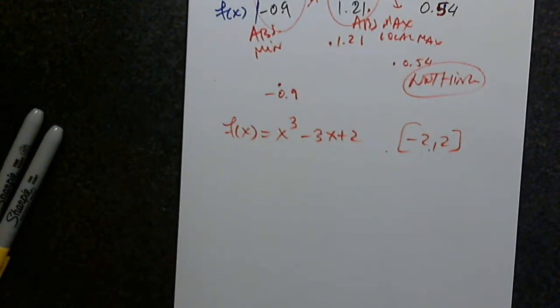But we do have to write it. We have to write that the function is continuous on the closed interval negative 2, 2 as a polynomial function. We have to write that it is differentiable on the open interval negative 2, 2. And then find the C values guaranteed by the mean value theorem. So let's do that.